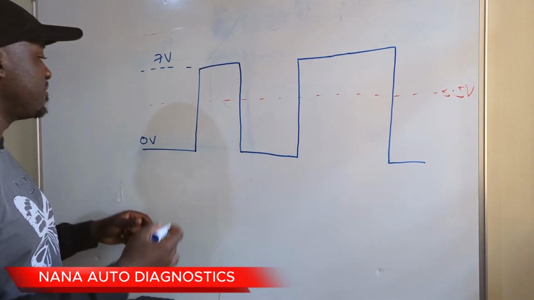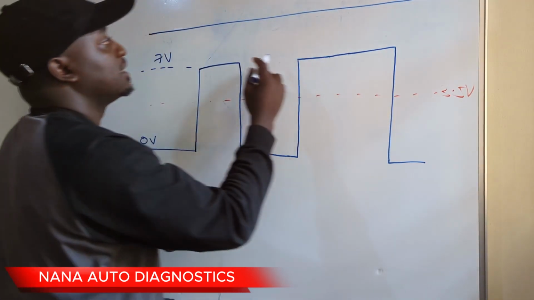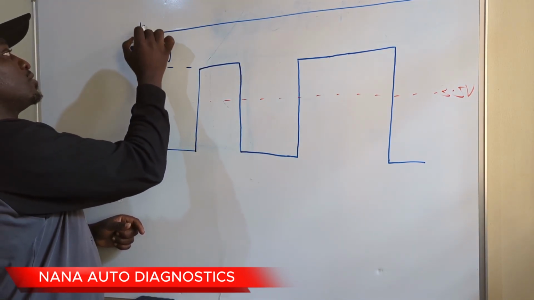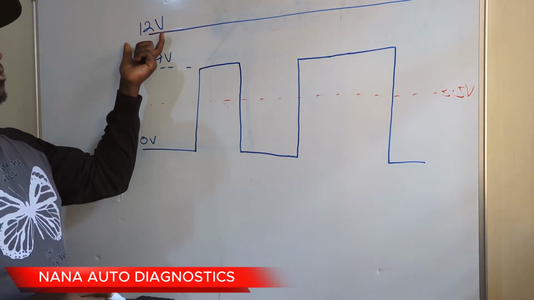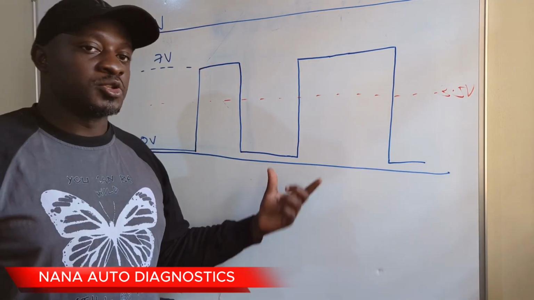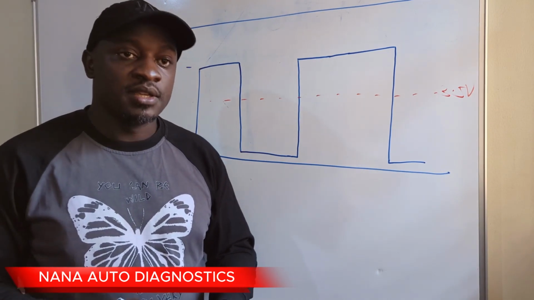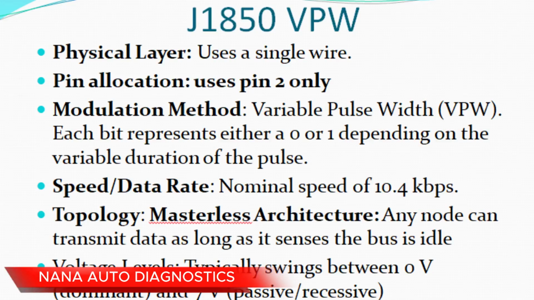Instead, we are going to have a single line indicating battery voltage. So we may have 12 volts, but if the voltage is higher than 12, it means you're going to record battery voltage here. So we shall be able to look and explore those various faults on the network. So keep yourself in the channel.